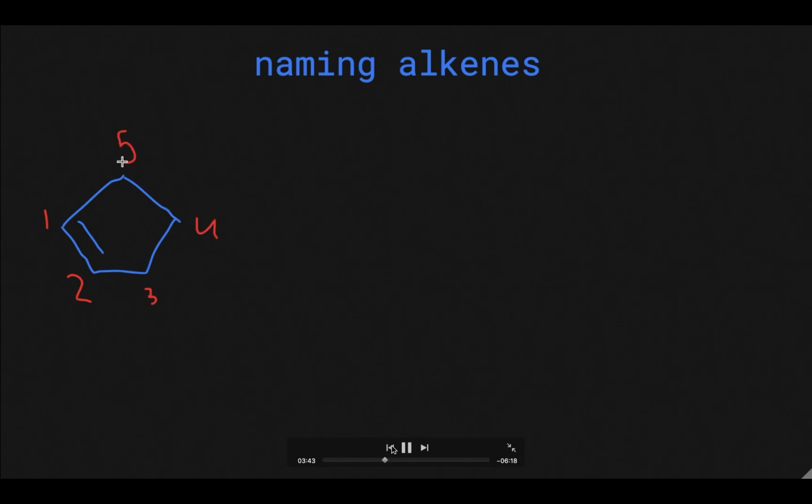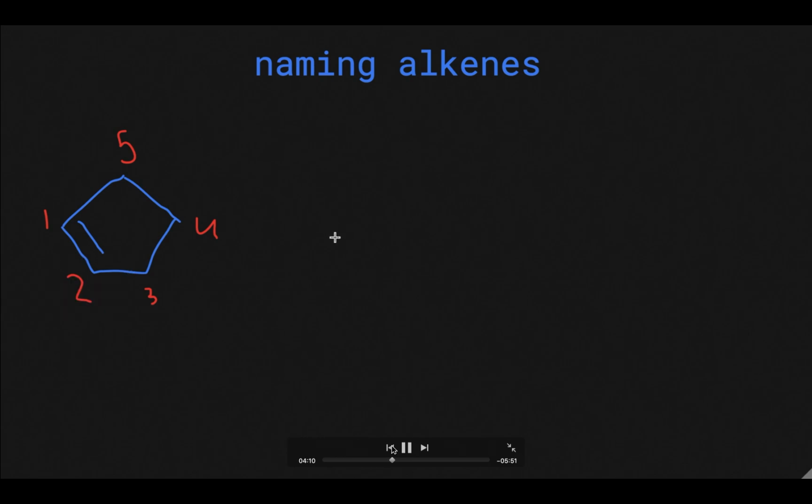Now, a rule when naming cyclic alkenes is that you want both ends of the double carbon bond to be consecutive numbers. So as you can see, I'm going counterclockwise so that it's 1 and 2. However, if I went clockwise, it would be 1, 2, 3, 4, 5, meaning that these two won't be in consecutive order. Therefore, this is the correct way to number this chain.